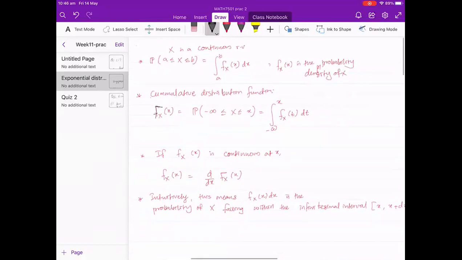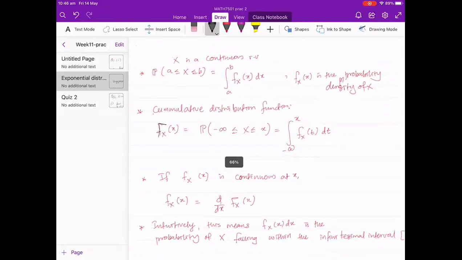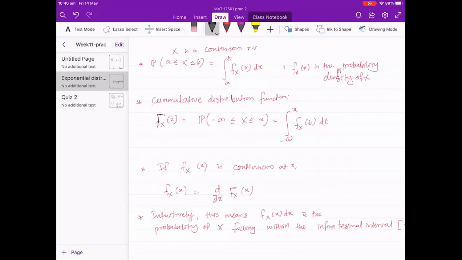In general, not necessarily for the exponential distribution, for any continuous random variable X, you can get the probability that X lies within an interval a, b by computing the area under the curve, which is the integral of your PDF between a and b.